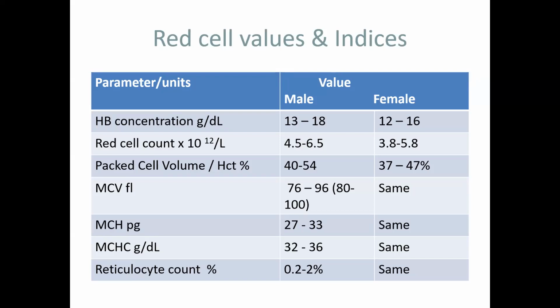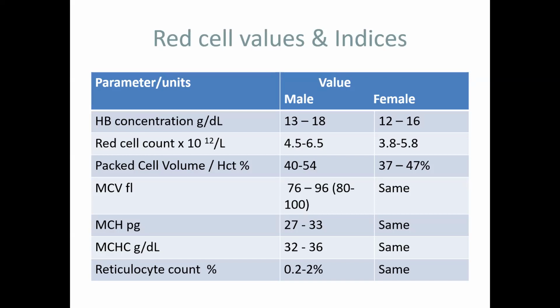For mean corpuscular volume, the equipment takes a group of red cells and gets the volumes of all those cells, like maybe one red cell was 76 femtoliters, another 90, another 40.